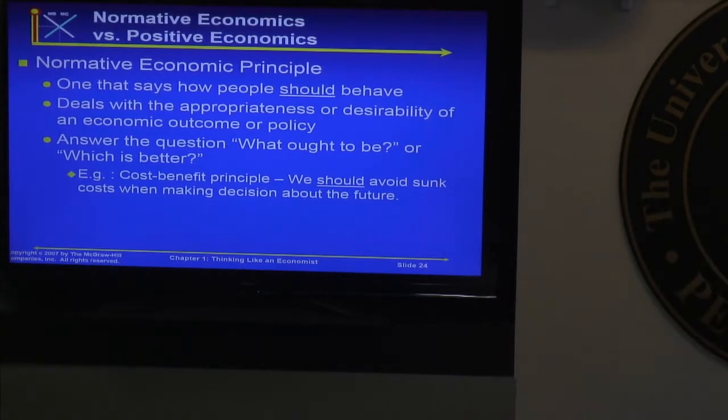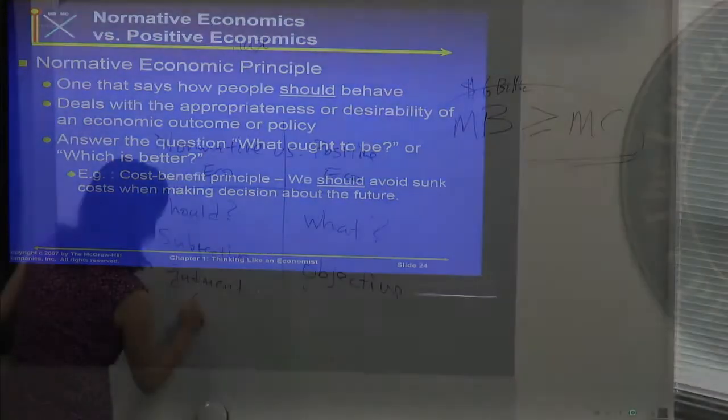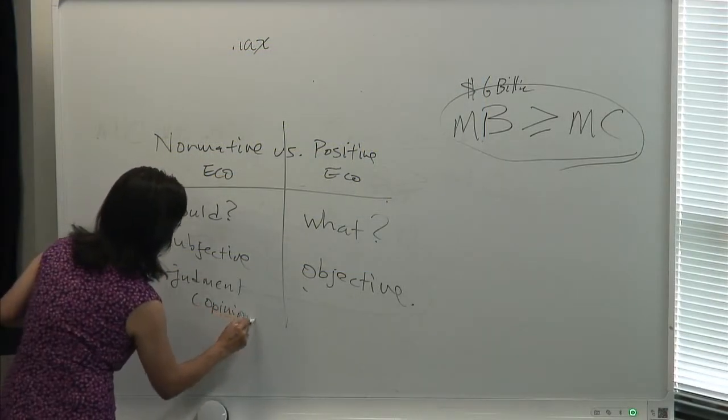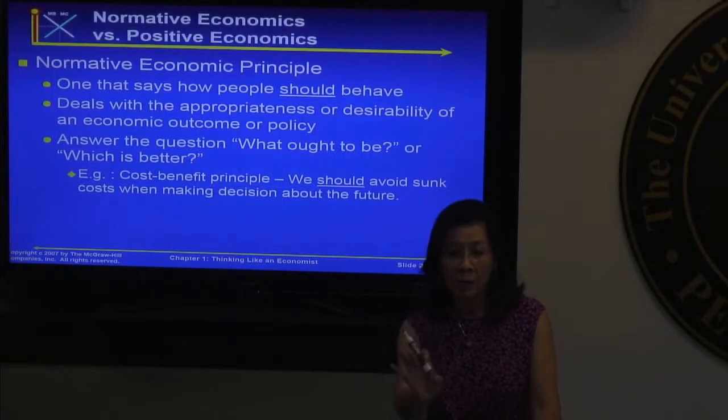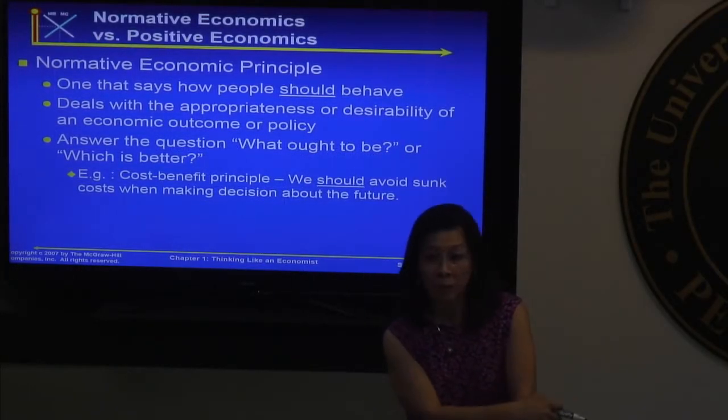In other words, you have some sort of subjective judgment, or to some extent opinion. We should increase the tax by 0.25%. That is considered a normative economic statement.